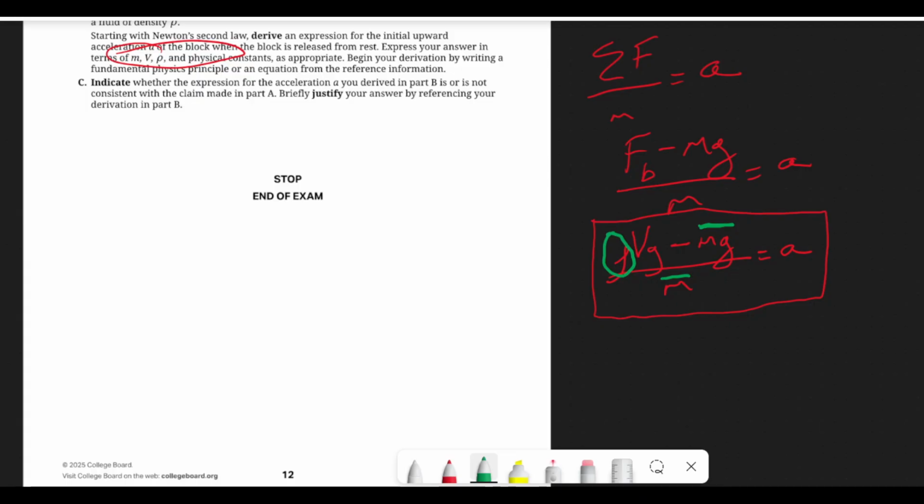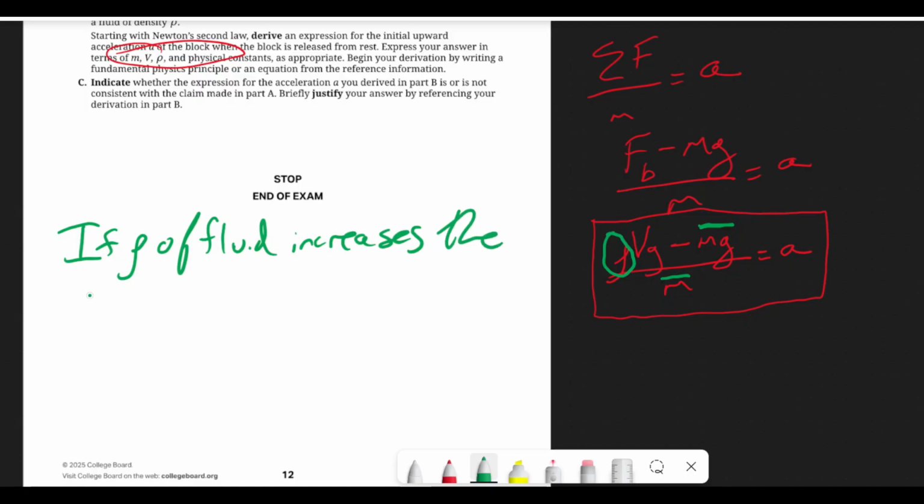So if the density of the fluid increases, the FB term in the numerator increases.